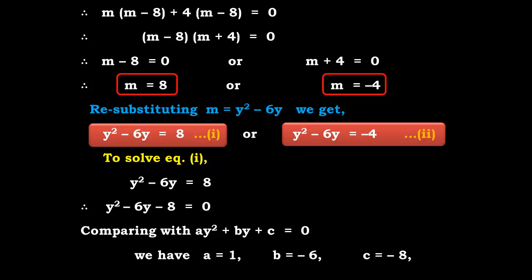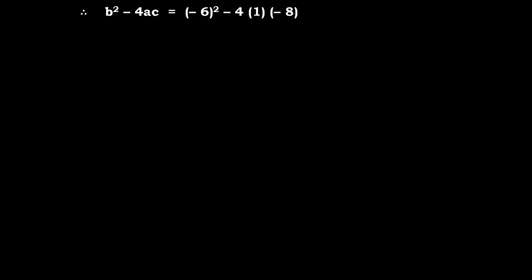We can find b square minus 4ac, that is (minus 6) square minus 4 into 1 into minus 8. Minus 6 square is 36 plus 32, we have 68. b square minus 4ac is equal to 68.